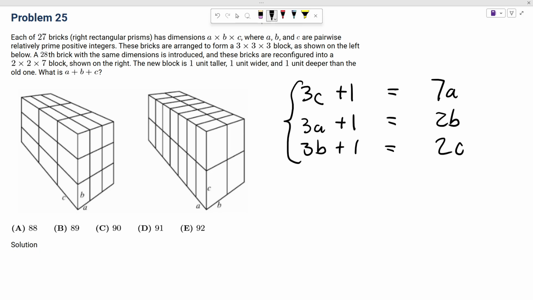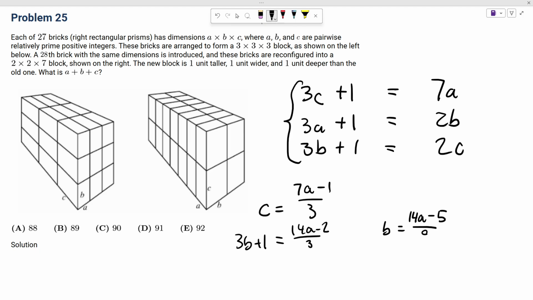You can do this however you like. I did this the pretty caveman way. I just took the first one into C is equal to (7A minus 1) over 3, and then plugged this into the third one. So 3B plus 1 is equal to (14A minus 2) over 3. So this means that B is equal to (14A minus 5) divided by 9.